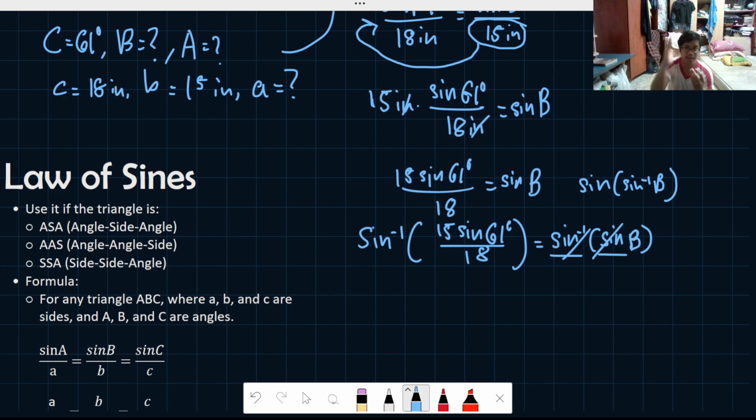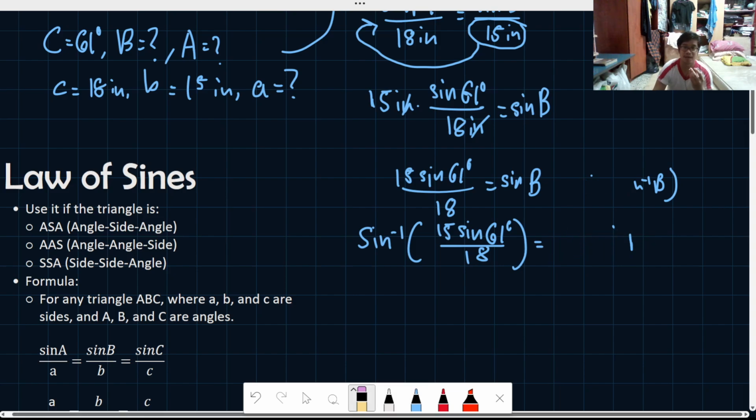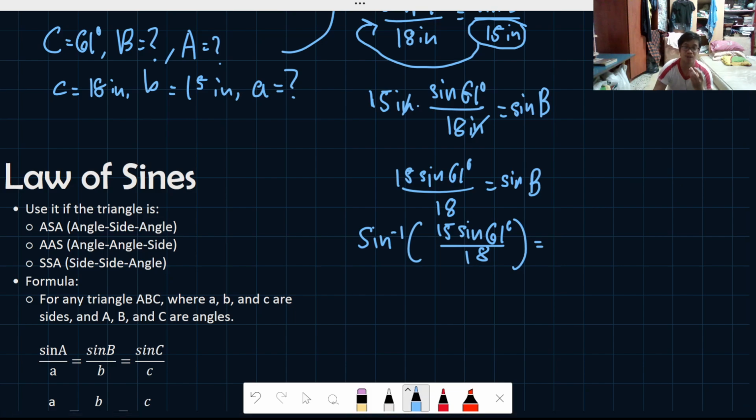What's left is the letter B, which is why we use the inverse sine function. With inverse sine of 15 sine of 61 degrees all over 18, we can use our calculator to get the answer.